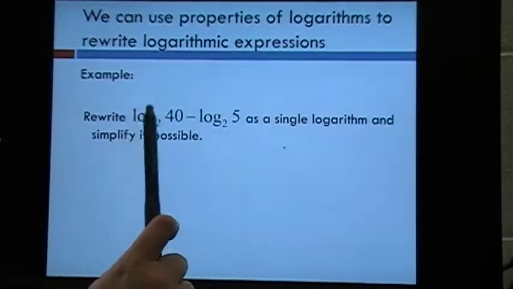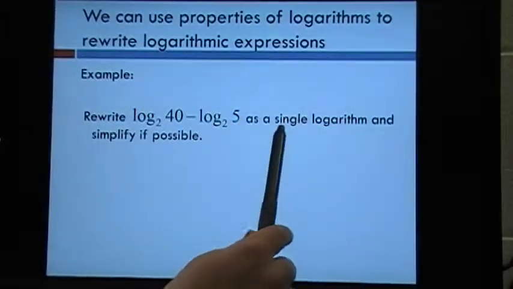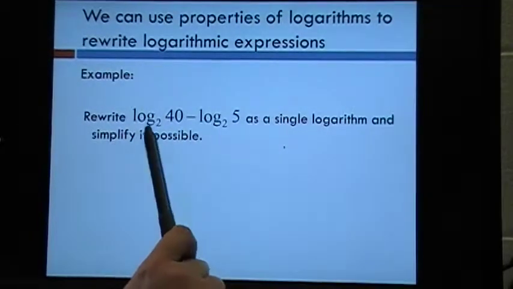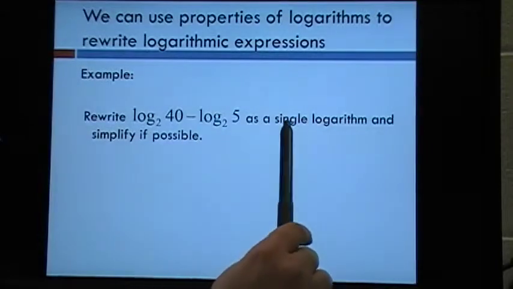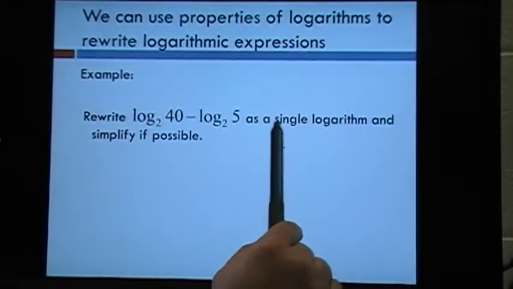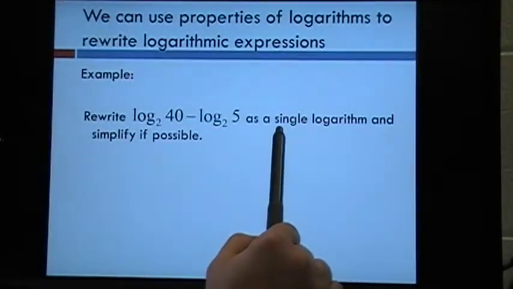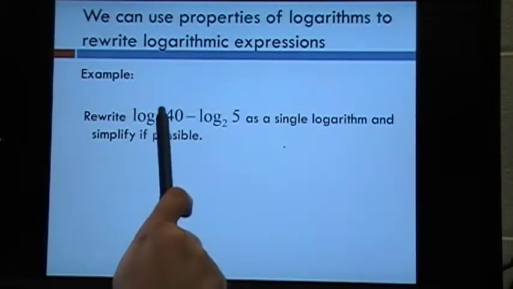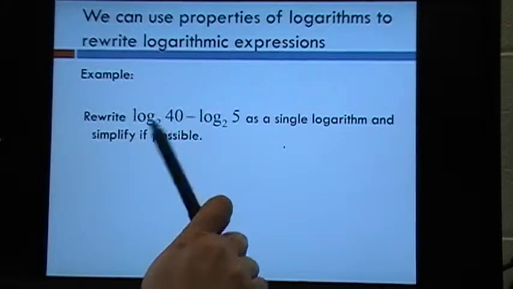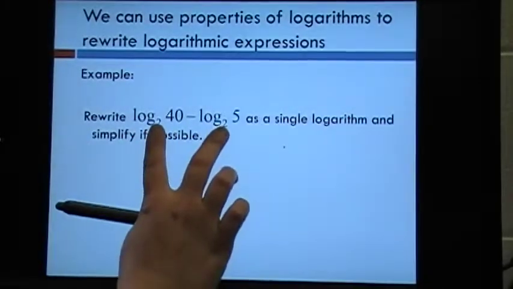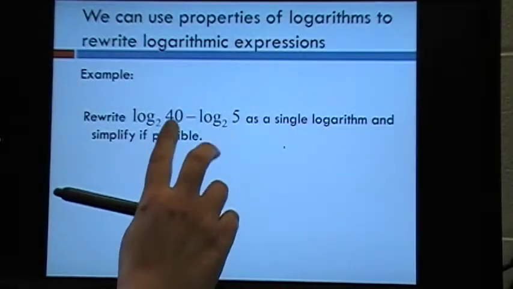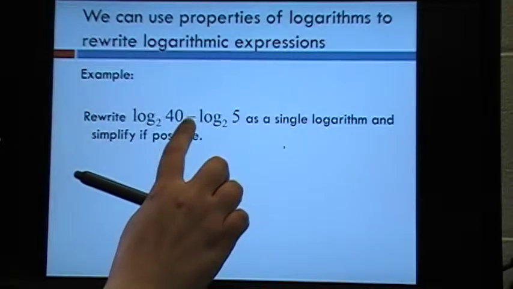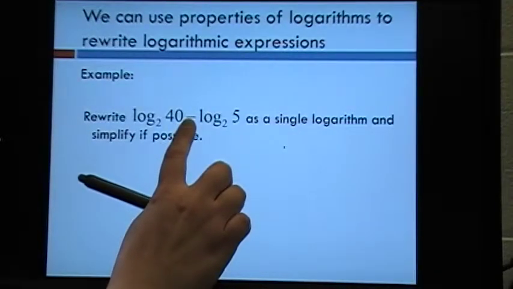Okay, we want to rewrite this as a single log and simplify if possible. So we'll first focus on rewriting it as a single log. Looking at what I have, a difference of two logs of base 2. It's because they have the same base that I can do this. And because it's a subtraction, I'm going to use my quotient rule.